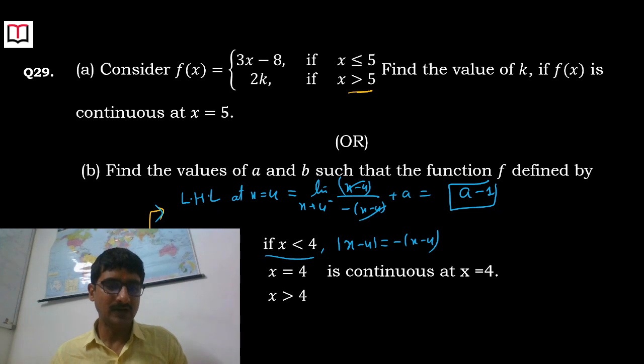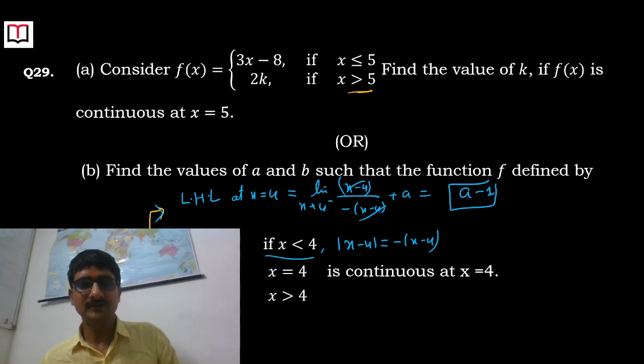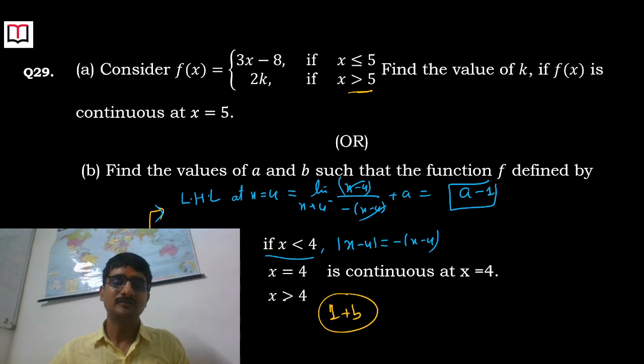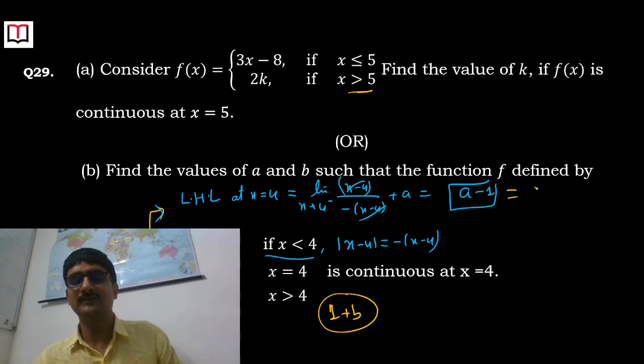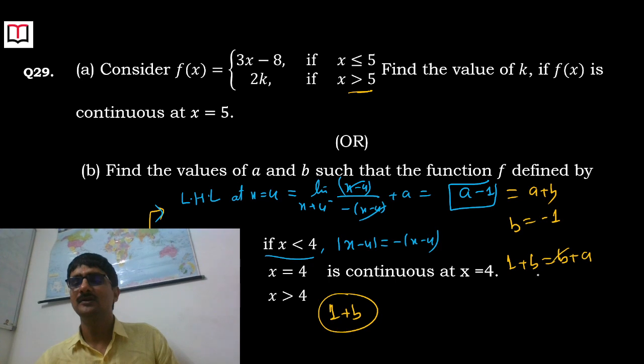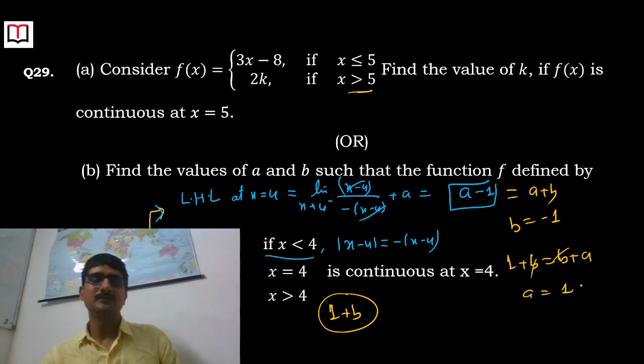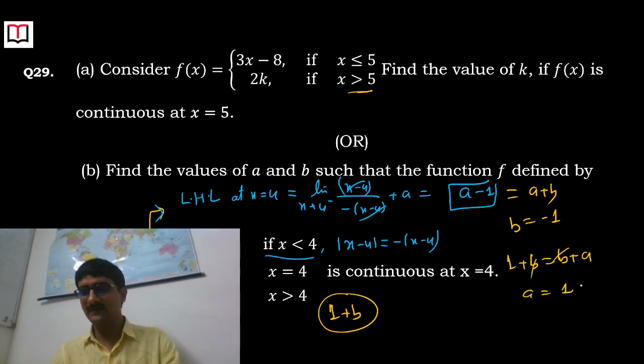And for RHL, x is greater than 4, it will be 1, so it will be 1 plus b. I'm doing it directly. Now a minus 1 is equal to a plus b, so b is minus 1, and similarly 1 plus b is also equal to b plus a, so a is 1. So A is 1, B is minus 1.